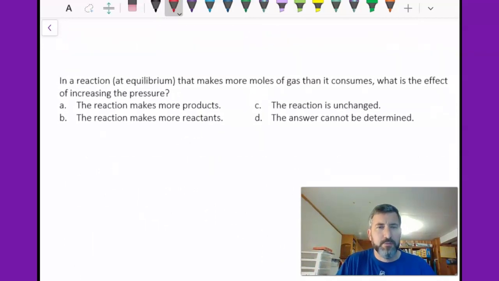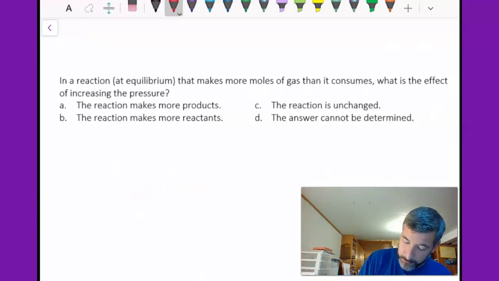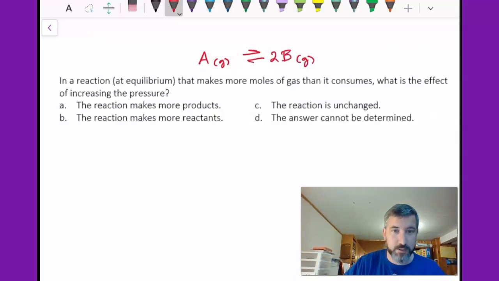In a reaction at equilibrium that makes more moles of gas than it consumes, what is the effect of increasing pressure? Might be a good idea to make a hypothetical example. So, for example, you might say A, which is a gas, goes to, let's say, 2B, which is a gas, so it's making more than it consumes.